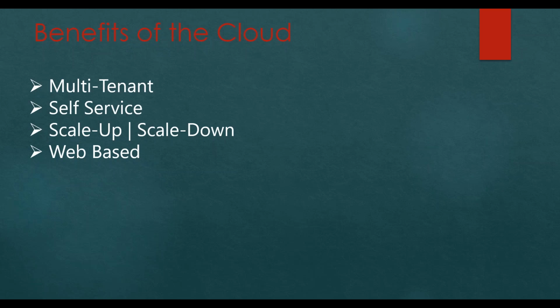Automation is one of the great features of cloud applications, which means everything is automatic. Let's suppose you take an application from a cloud vendor, like OIC or a database.